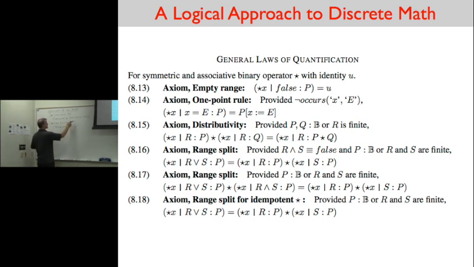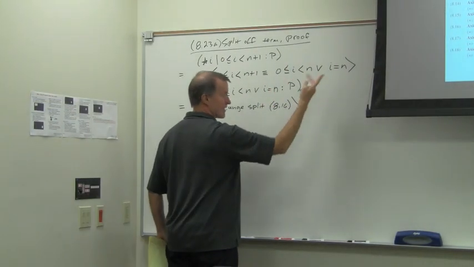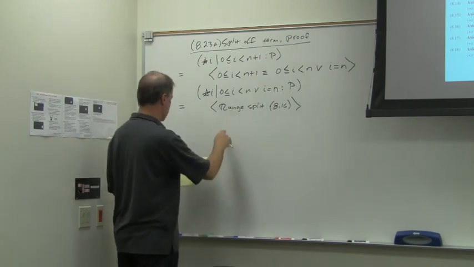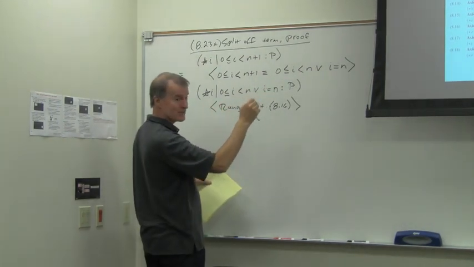So the thing of it is that this and this equivales false, right? Are we good? There, because they don't overlap. This and this cannot both be true at the same time. So the range split is using that proviso, good deal.